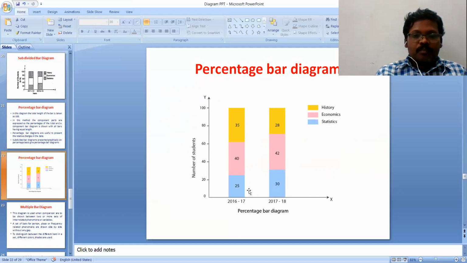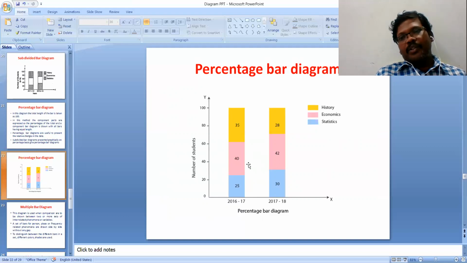For example, in statistics, it increased from 25% to 30%. That means it increased by 5%. In economics also the enrollment of students increased from 40% to 42%. That means a 2% increase. But when you come to history, in 2016-17, 35% of students were enrolled, but now in 2017-18 only 28% were enrolled.